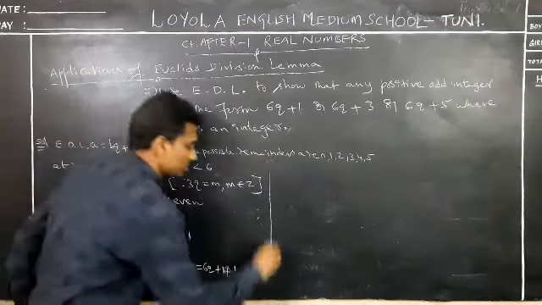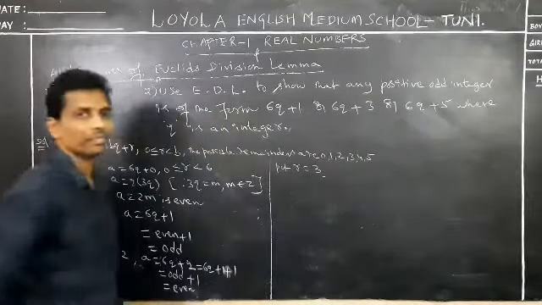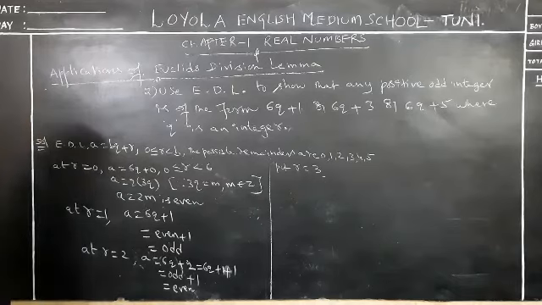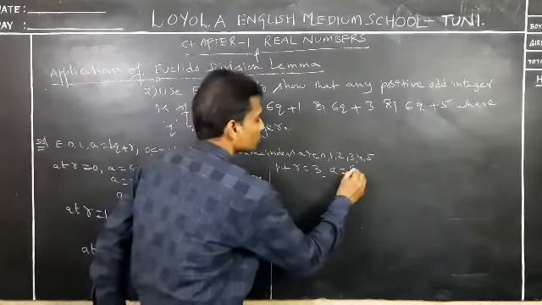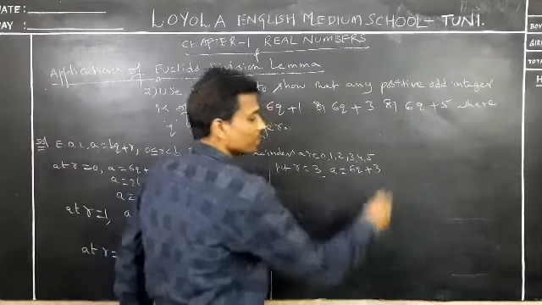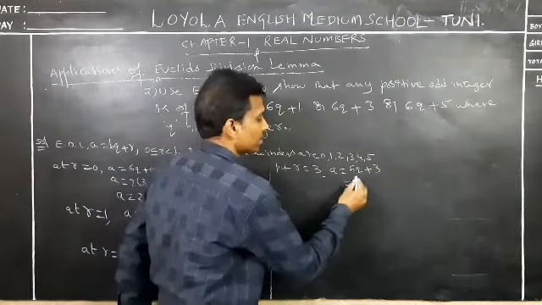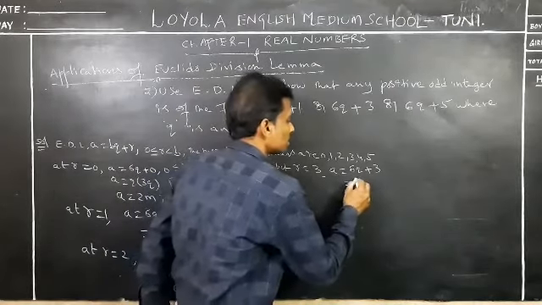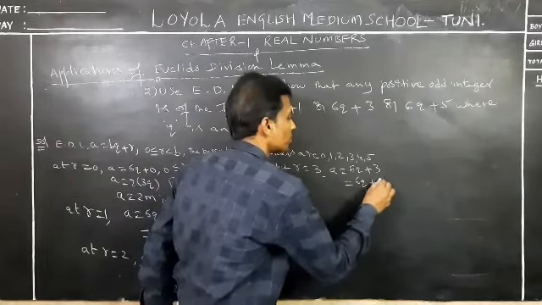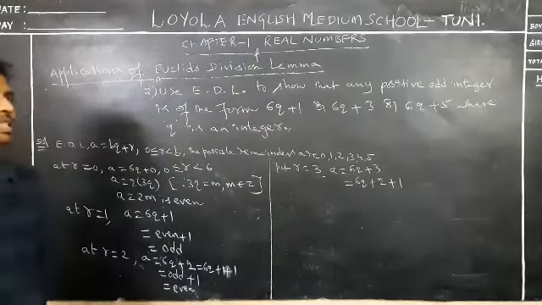Now put r is equal to 3. Continue the Euclid's division lemma. A is equal to 6q plus 3. This can be split like 6q plus 2 plus 1.